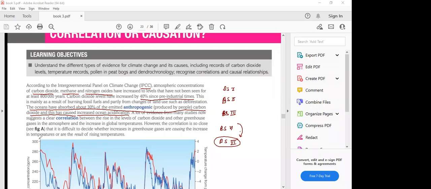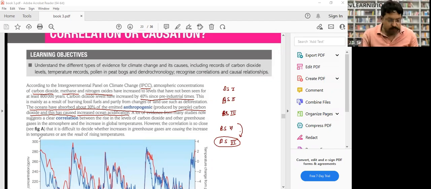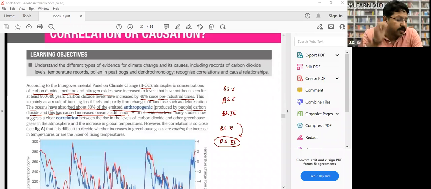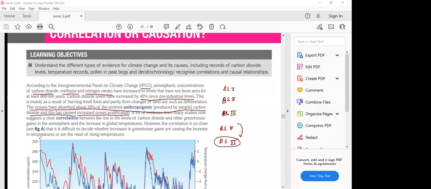A little bit confused. Where is the confusion? The correlation part.